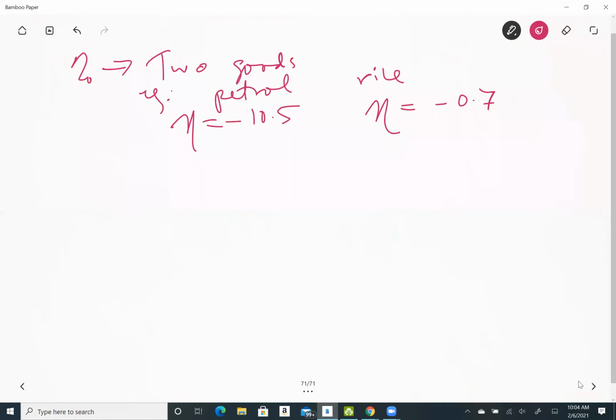Here petrol is in liters, and say the unit of the rice is kilogram. Now in terms of price elasticity, we don't interpret it as liter or kilogram. We use percentage. So how do you describe the price elasticity of demand of petrol? The value is negative 10.5.